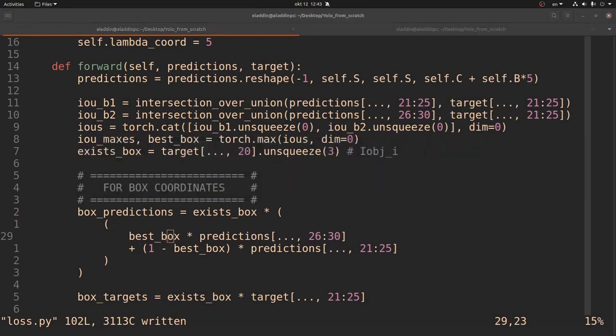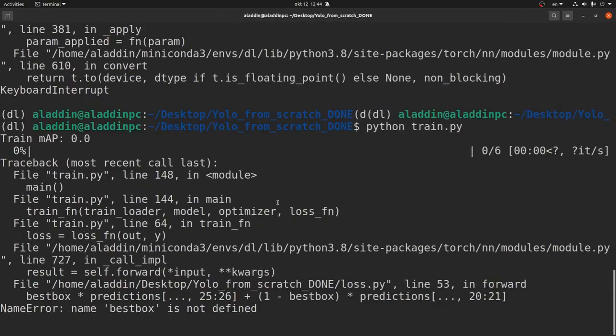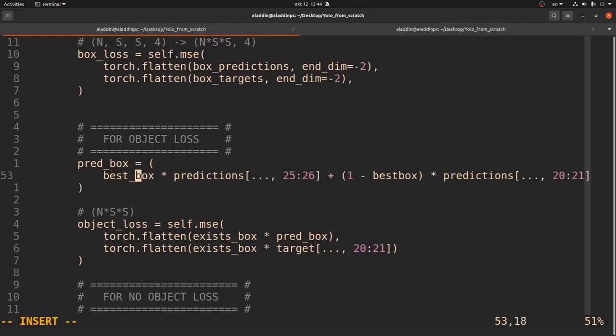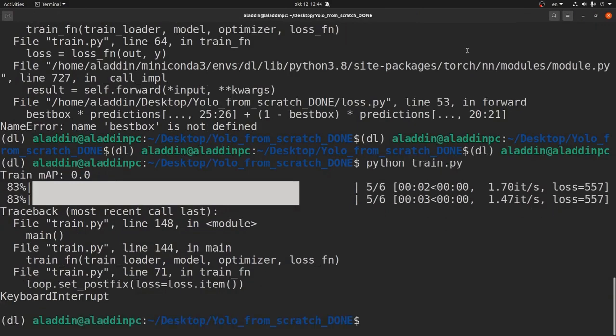And so I need to modify that file. Let's see, so okay, so now we can check. Hopefully it works now. Nope, line 53, best box, and then best box. Yeah, all right, and it seems to work, nice.